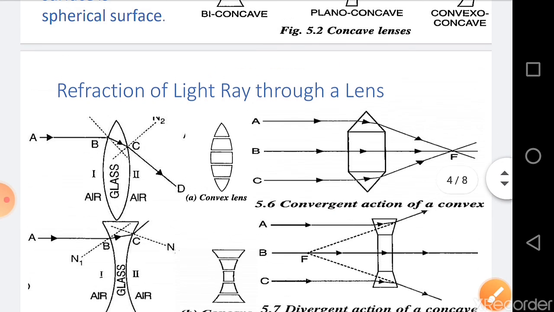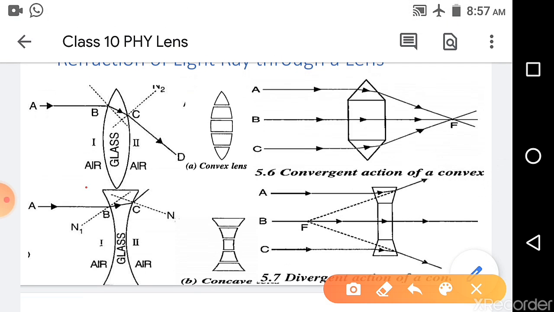So the basic action when refraction occurs through a lens: the convex lens converges the light rays, so those light rays converge at a point F. In the concave lens, the incident light rays diverge, going away from the lens.